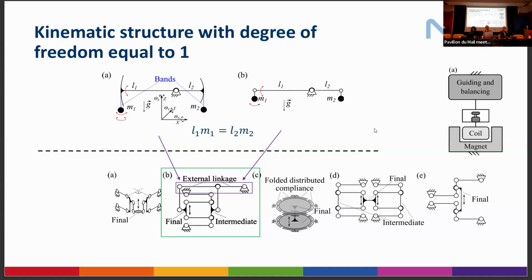There are multiple choices in the literature based on flexure design to guide the motion of the coil. In B, I'm showing a folded parallelogram structure with external linkage that we have used at NIST in the new generation we're building for Kibble Balance, which we called GEMS.